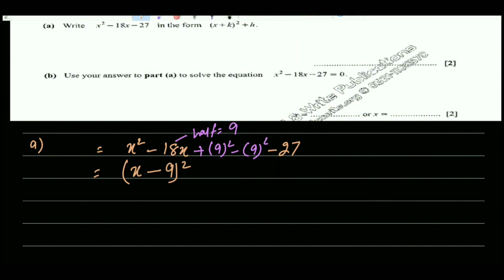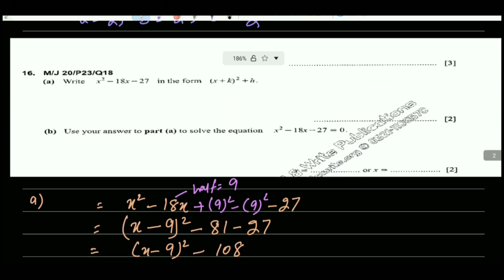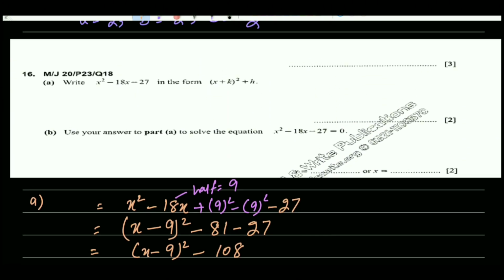So the first three terms will make this formula, and minus 9 square is 81, and minus 27 will remain as it is. So (x minus 9) whole square as it is, and minus 81 minus 27 will make minus 108. So as we can see, this is the same form that was given in the question.